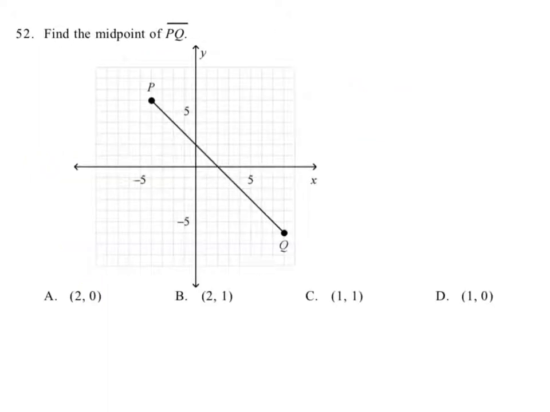Now we're finding the midpoint of a segment that is in the coordinate plane and not just on a number line. We're going to do the same thing, but now we need to do it in the two different coordinates of x and y.